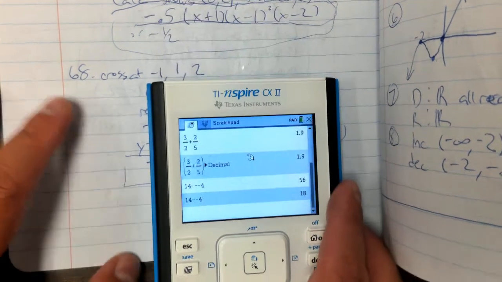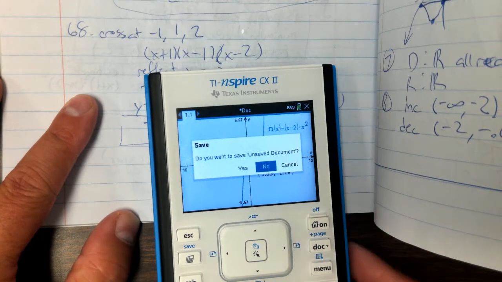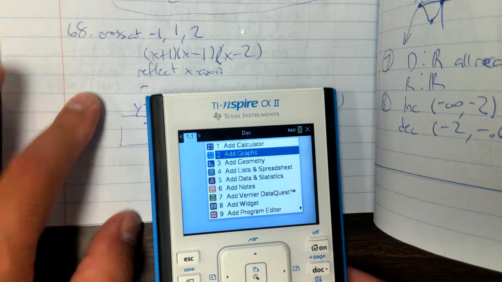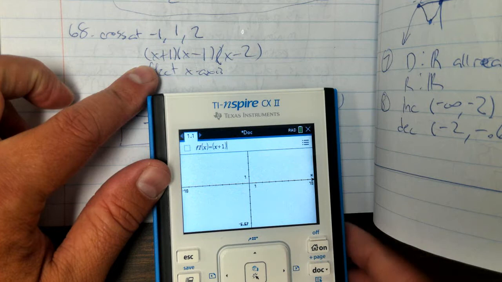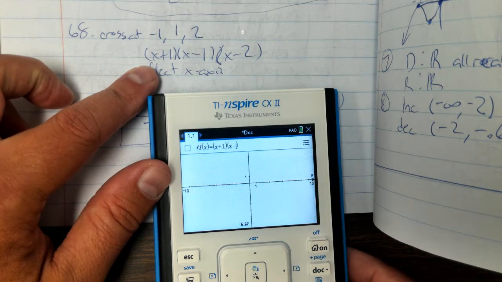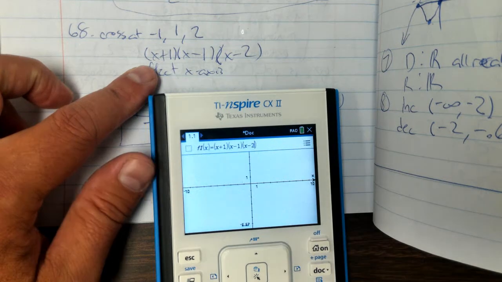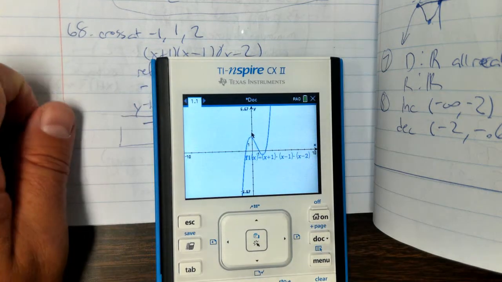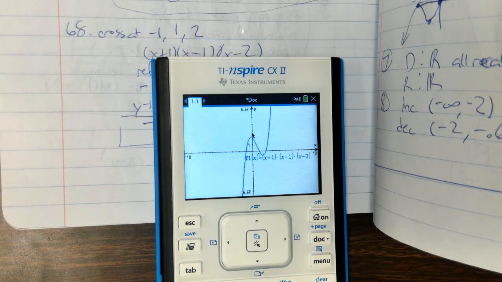Okay, so what we're going to do to start with, to figure this one out, is we're going to put in x plus 1, x minus 1, and x minus 2. And that graph looks like that, but in the book it's showing starting higher.